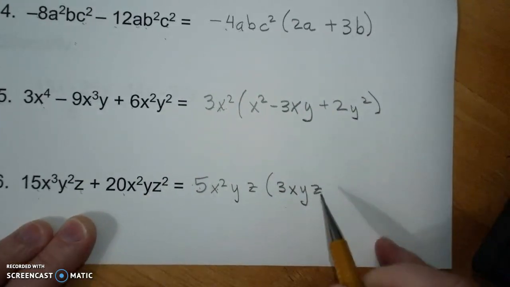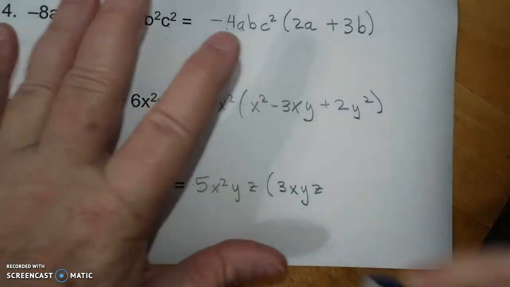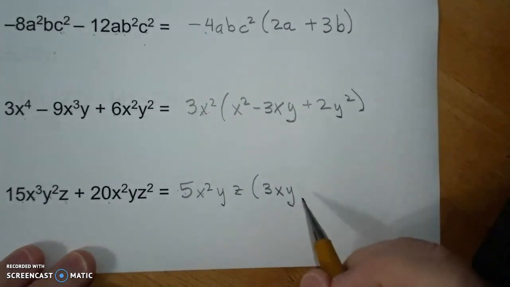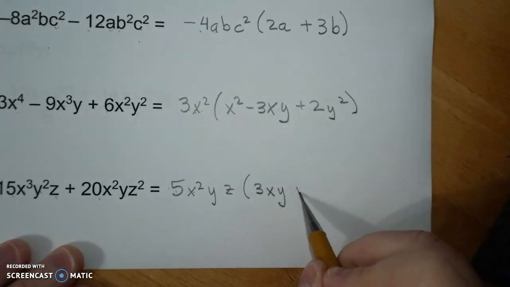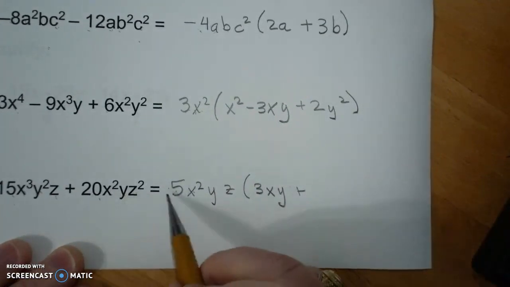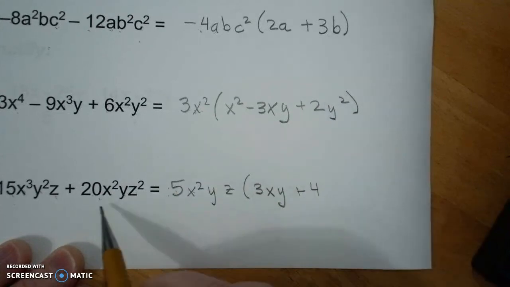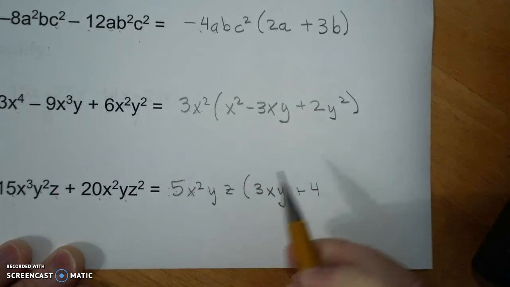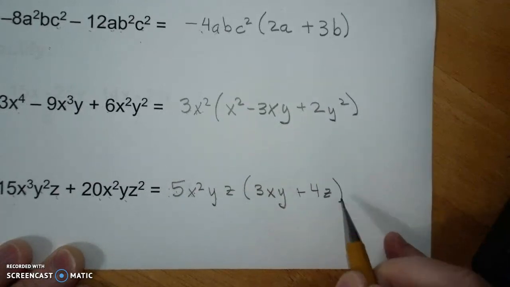And the z, oh, nope, the z got taken out. And then this would be plus 20 divided by 5 is 4. x squared, y, z squared, so only a z was left.